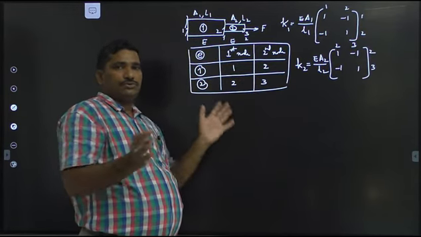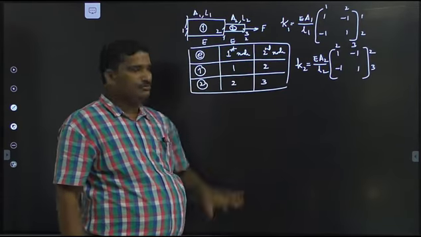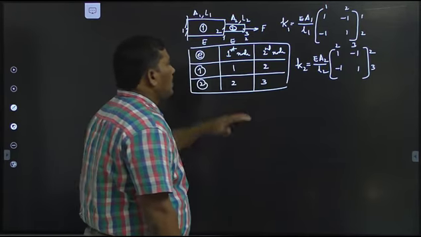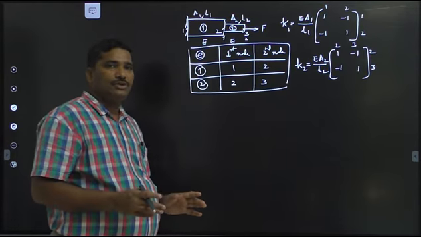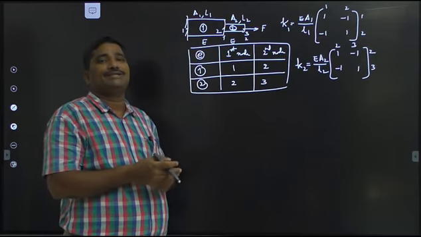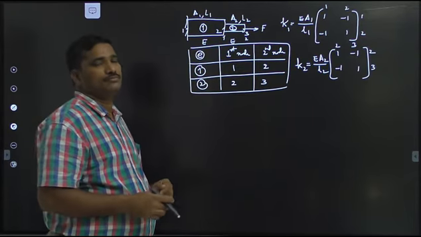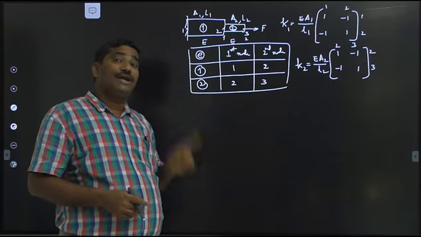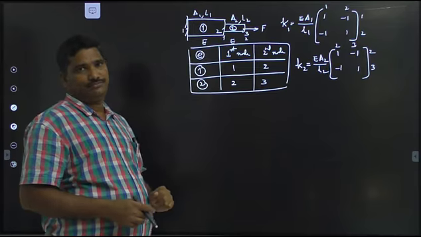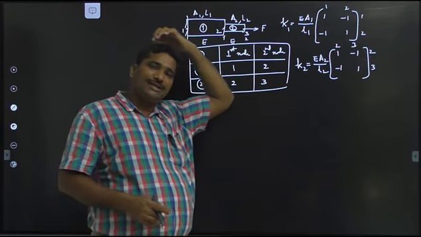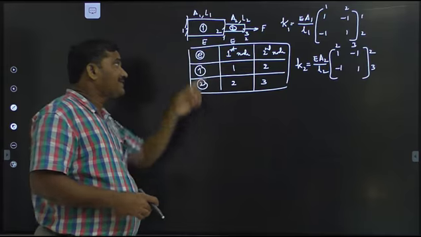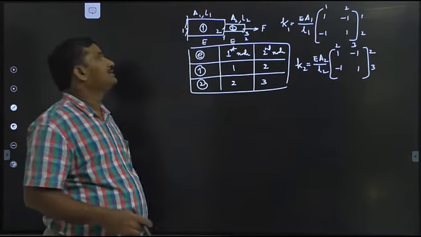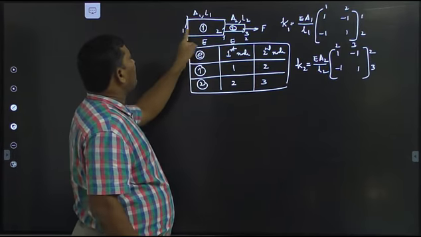Now, you have to assemble both. So, how do you assemble? When you assemble, you get a global stiffness matrix that I denote by capital K. Its size equals the degrees of freedom of the domain. The element stiffness matrix size equals the degrees of freedom of the element, because there are only 2 degrees of freedom in the element.